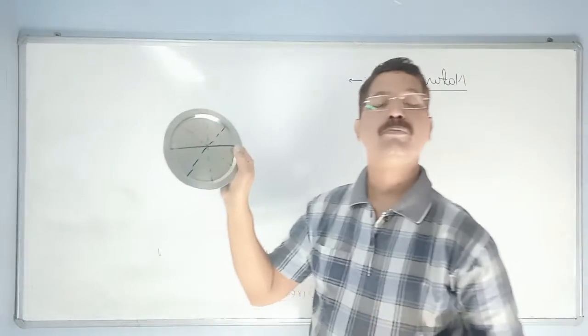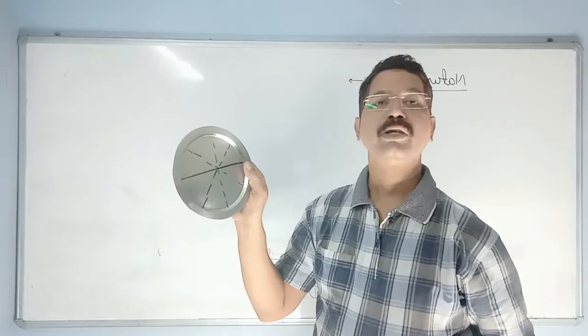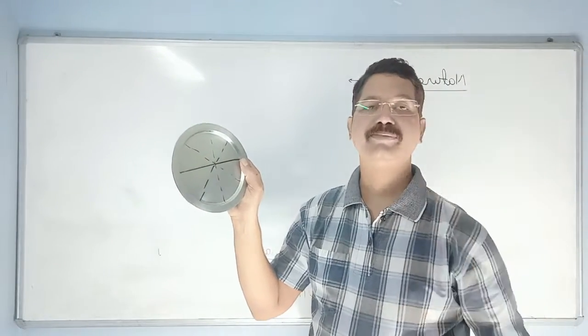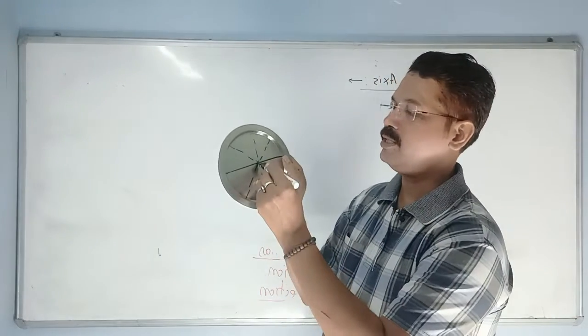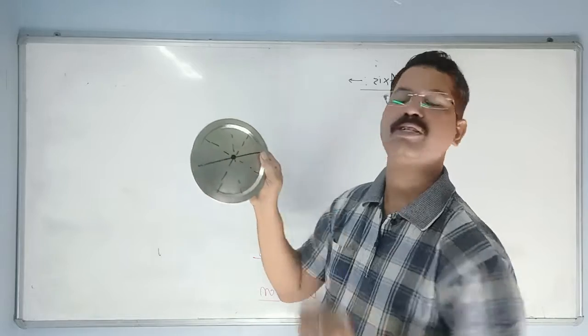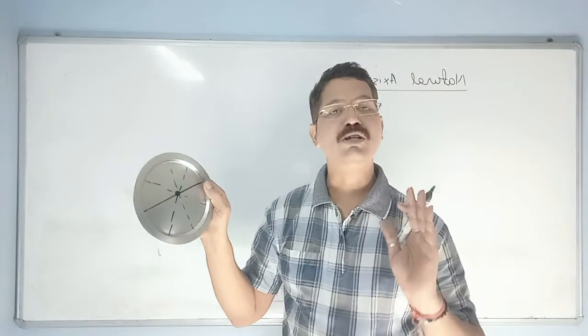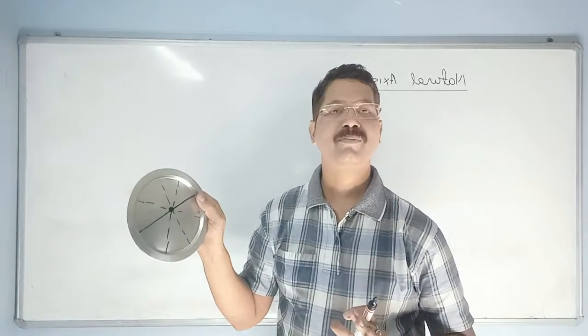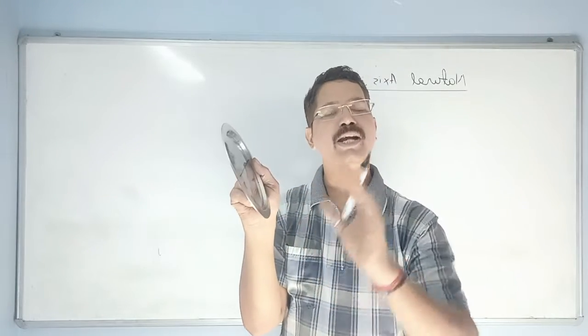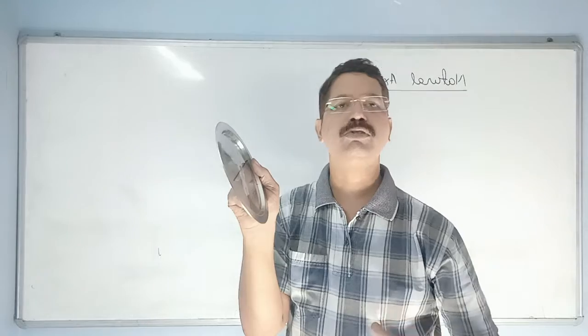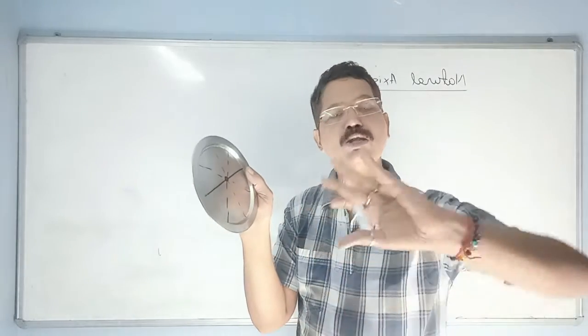But all the axes are passing through the same point, and what is that point? It is the center of mass of rotation. So what is that called? Natural axis. You applied force and the body rotates, and when you remove the force applied on this body, the body still rotates.